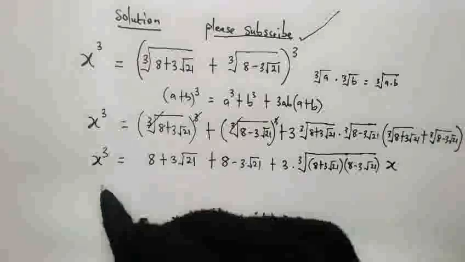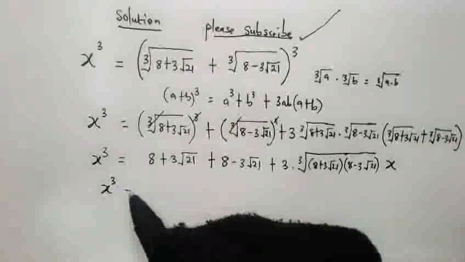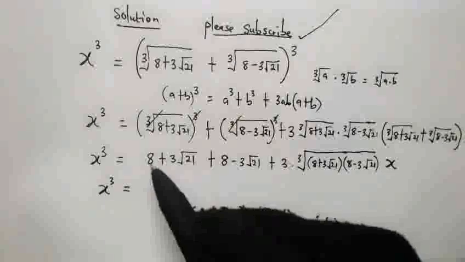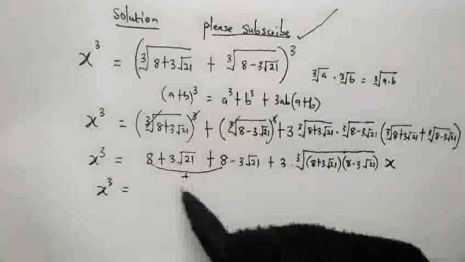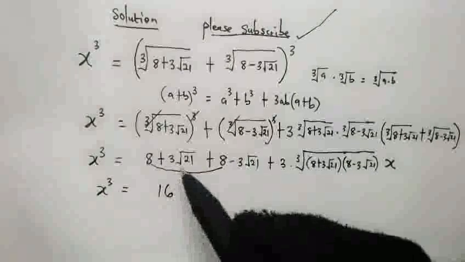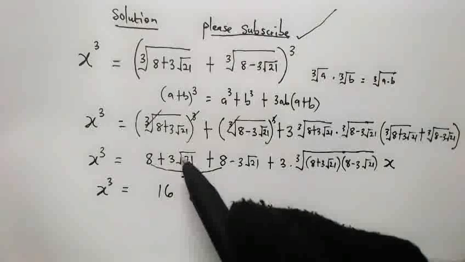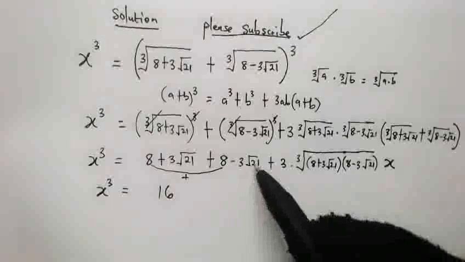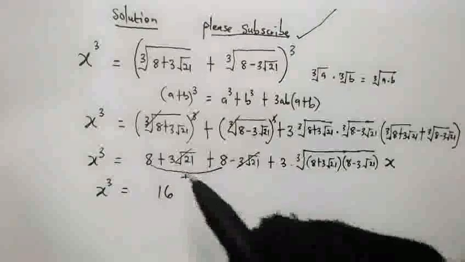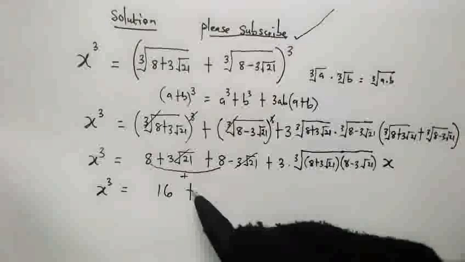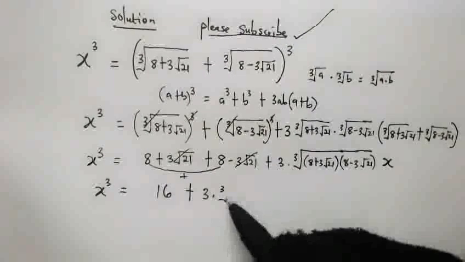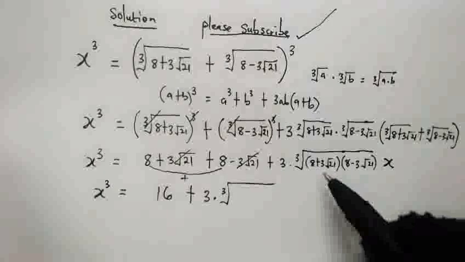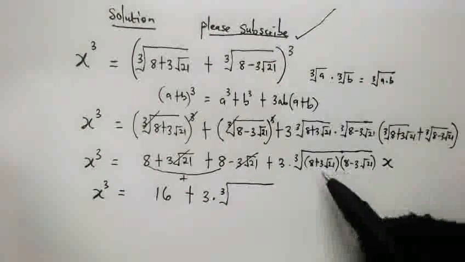Okay, now we have x cubed is equal to, from here, 8 plus 8, that is 16, right? Then this 3 root 21 minus 3 root 21 will vanish, right? So here we have plus 3 times the cube root of, now let us make use of the difference of two squares formula here.